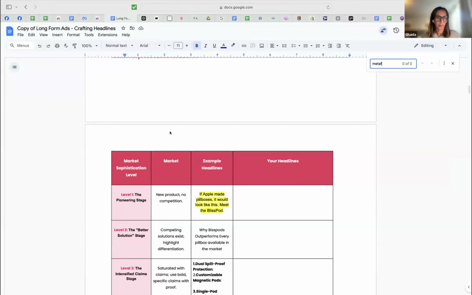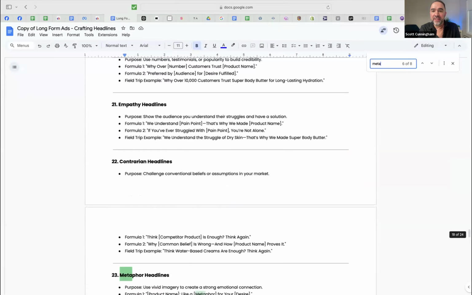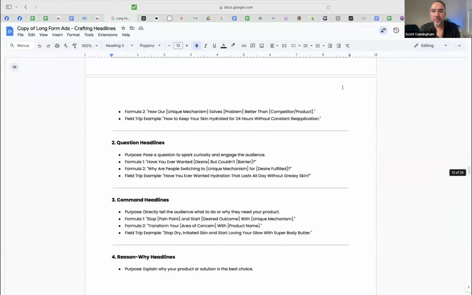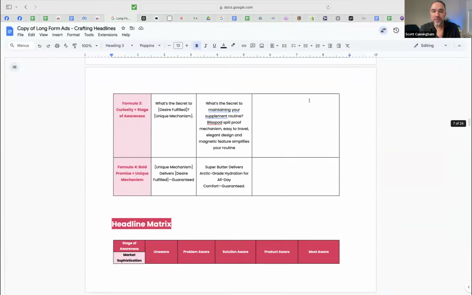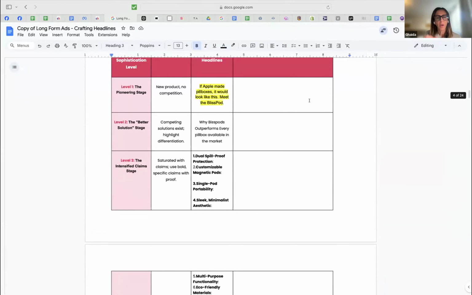Yes. So if Apple made pillboxes, it's almost there. It's just missing the benefit, how it makes their life easier. Yeah, I know what you mean.